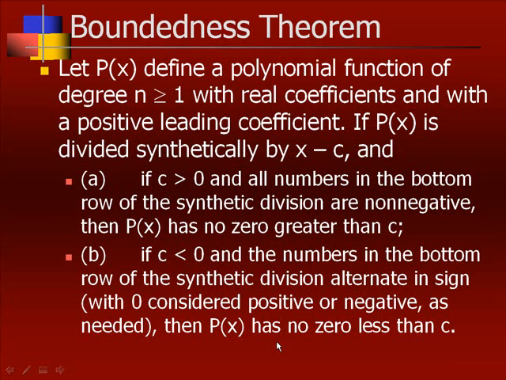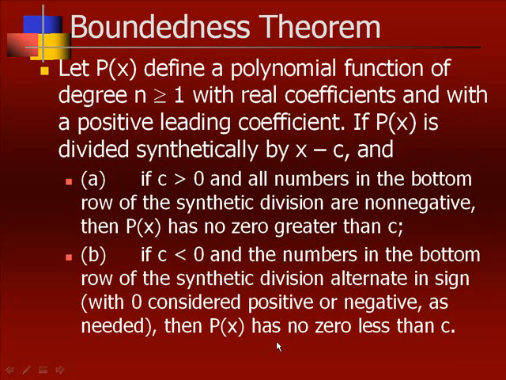Or, if c is less than 0, and the numbers in the bottom row of the synthetic division alternate in sign, with 0 considered positive or negative as needed, then p of x has no 0 less than c.